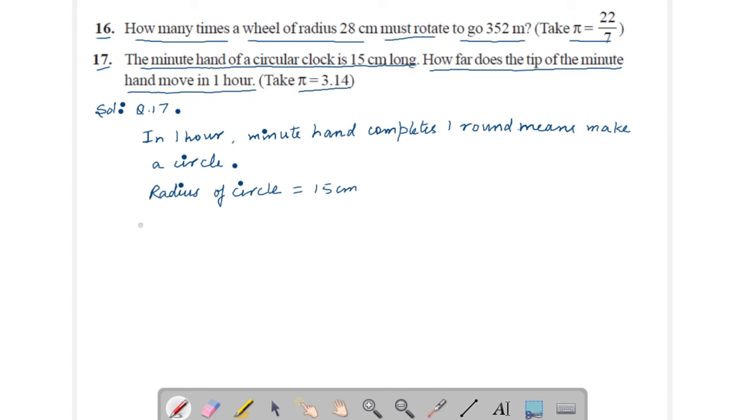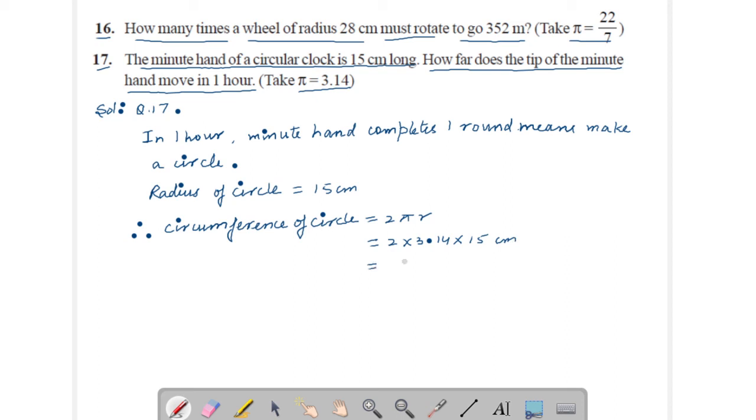Therefore, circumference of circle equal to 2 pi r equal to 2 into 3.14 into radius 15 centimeter.